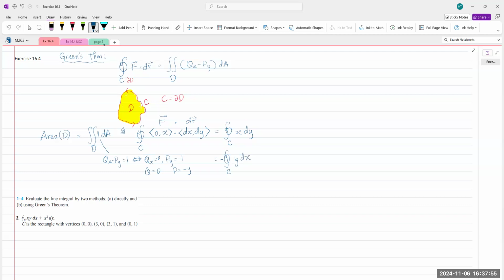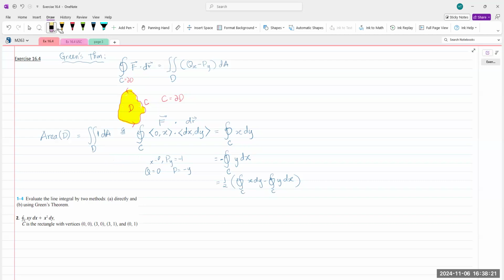Or you can add those two and divide by 2. We get 1/2 of the integral over closed curve C of x dy minus the integral over closed curve C of y dx. That's the formula for the area.